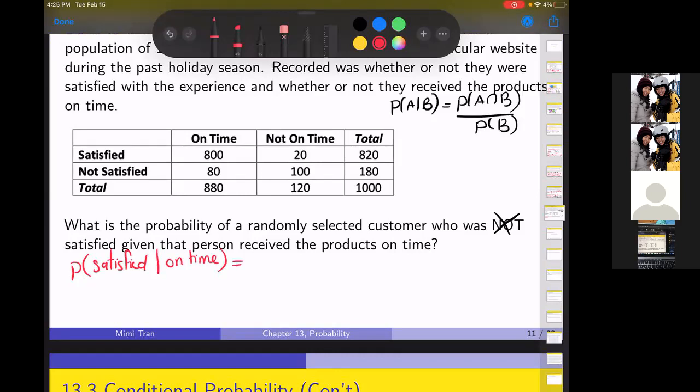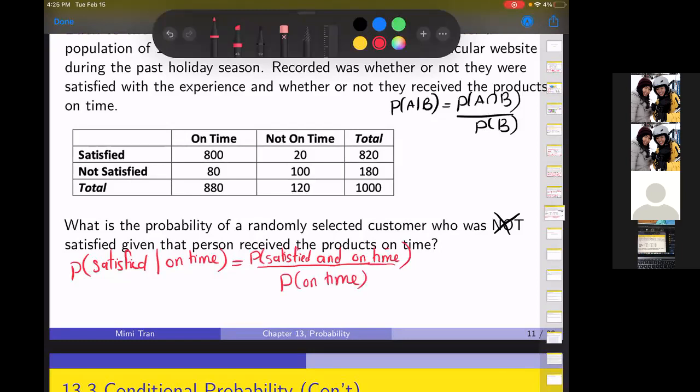According to the formula, what should I put on the top? P of A and B. So satisfy and on time, divided by P of B, which is P of on time.